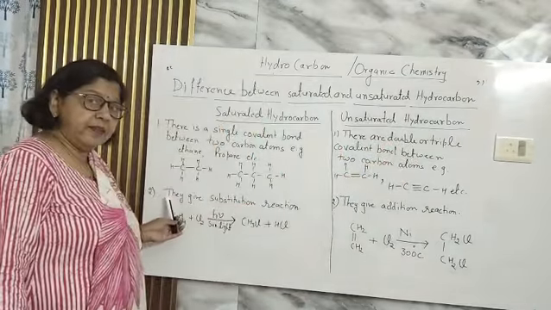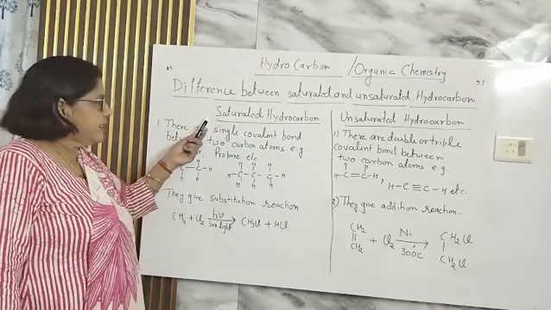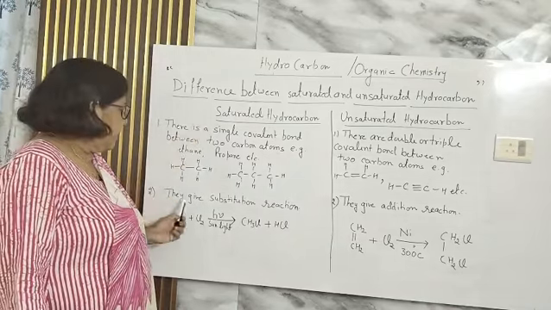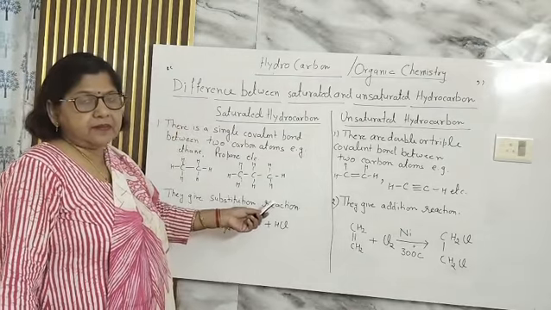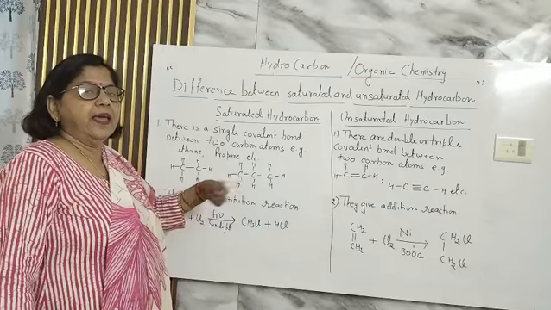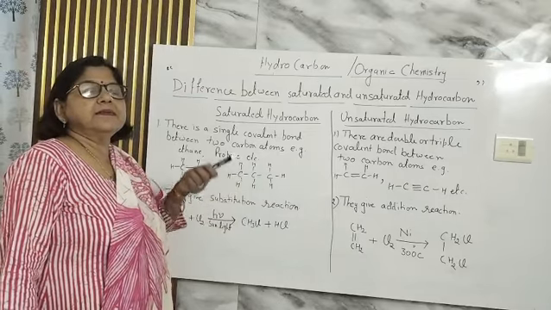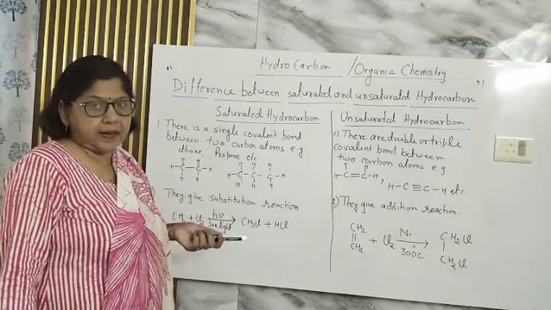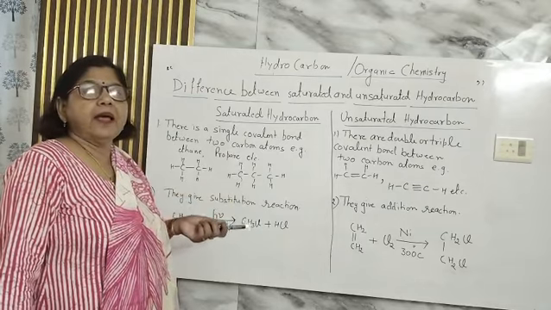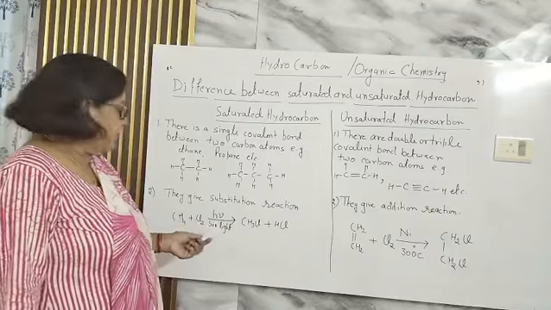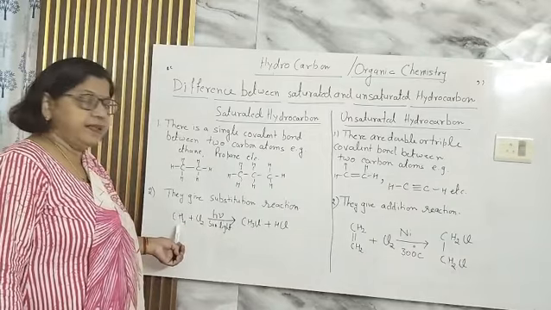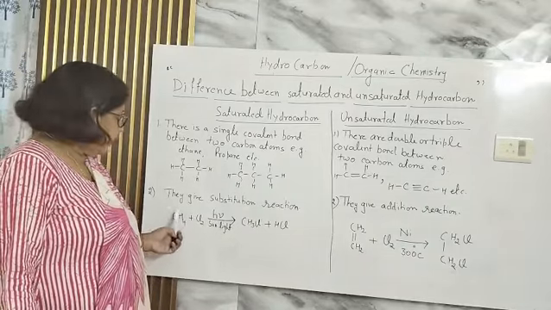The second point is a very important point. The saturated hydrocarbons give substitution reactions. Substitution means that an atom is substituted by another atom, right? So here comes one example. You see here, this is methane, CH4.